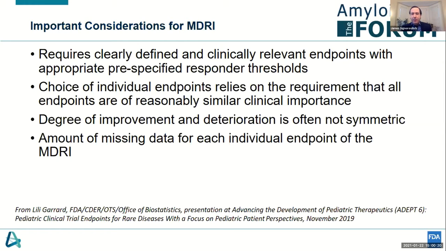So you get into a situation where, if an individual patient's 6-minute walk is getting worse, but their EGFR is getting better, are we sure that we're weighing those appropriately? But again, if everything tends to move in the same direction within patients, then these can work quite well and maintain interpretability.